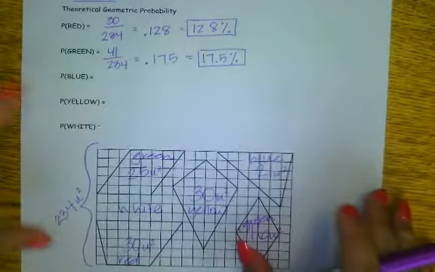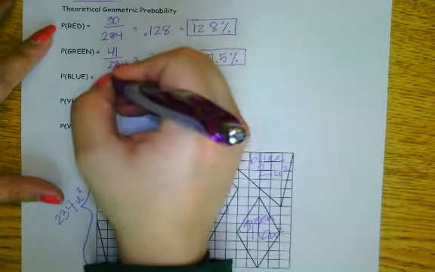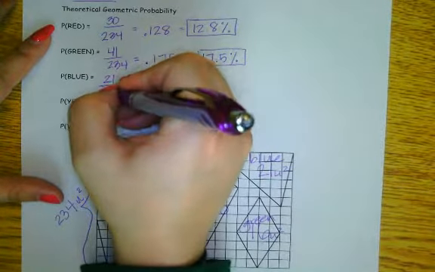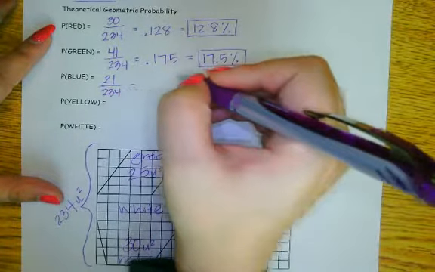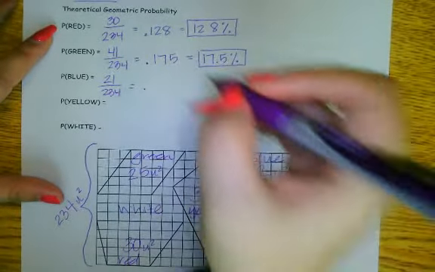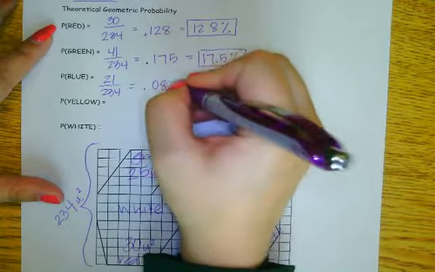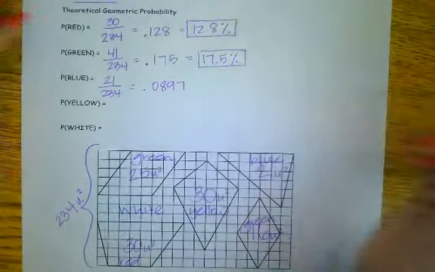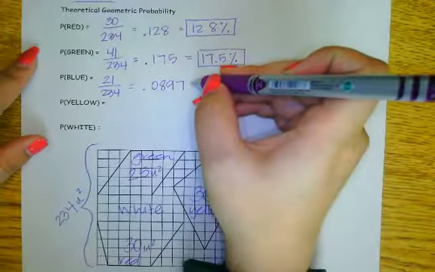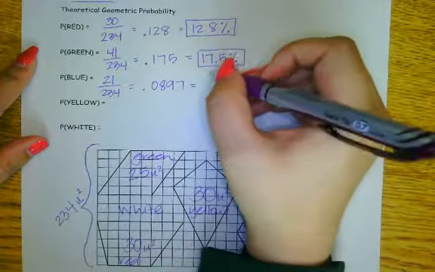Alright, blue, what's your fraction? Decimal? Point what? 0.0897. Okay, and then as a percentage, what'd you get? 9%.